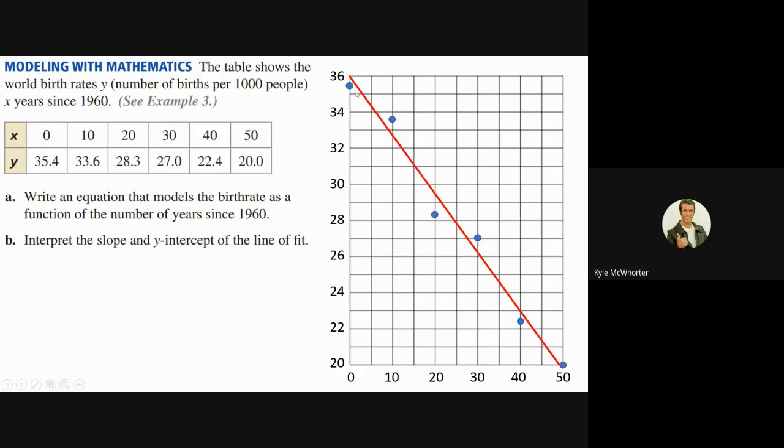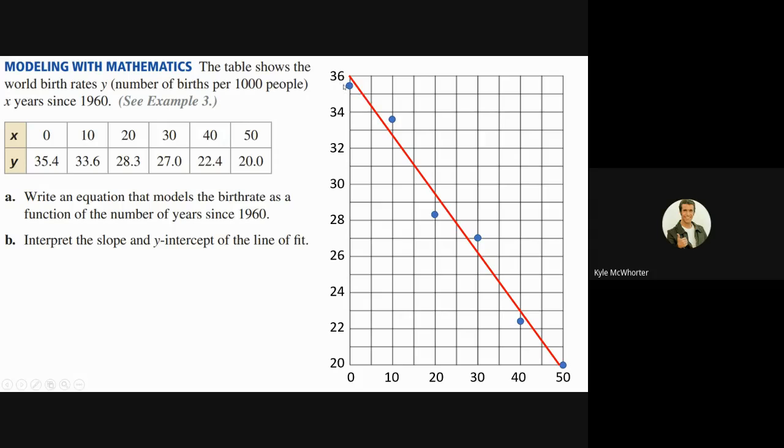Now if you look at this, we've got 1, 2, 3 points above the line and 1, 2, 3 points below the line. So our line does a pretty good job of going through these points. Then the next thing we're going to do is pick 2 points on our line.